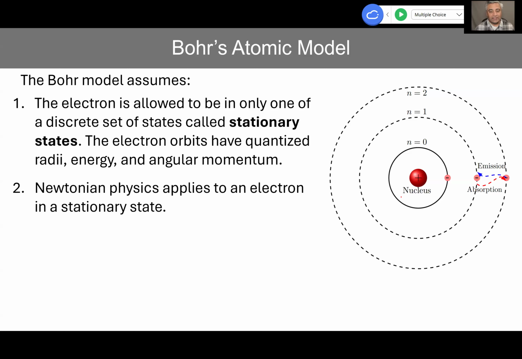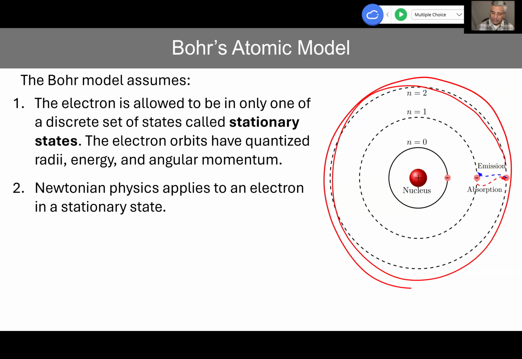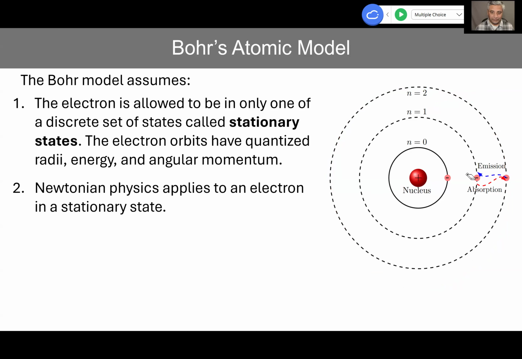The problem with the planetary model was that the electron was moving, and because of that, classical theory says it basically emits energy and then eventually collapses. So we needed to keep them in place, right?